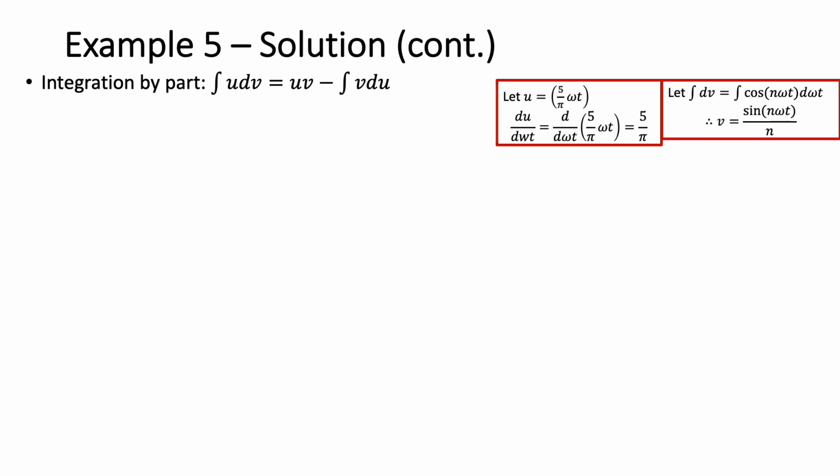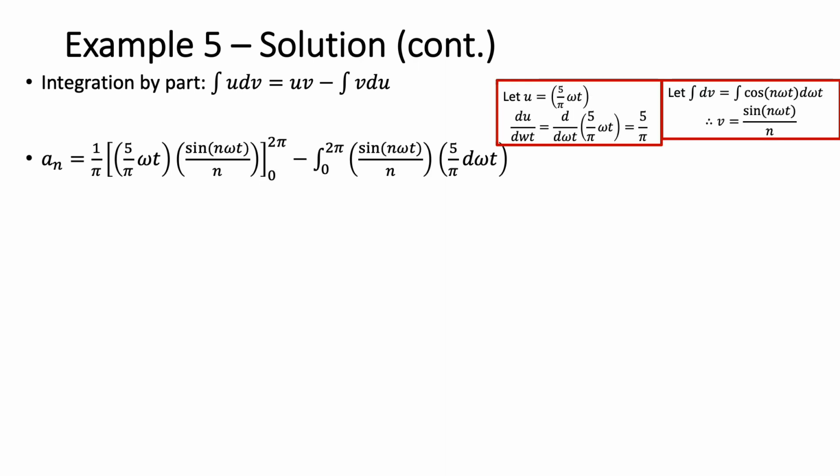Continue with the integration. We have An equals 1 over pi times 5 over pi omega t times sin n omega t over n for 0 to 2 pi minus integral 0 to 2 pi sin n omega t over n times 5 over pi d omega t.